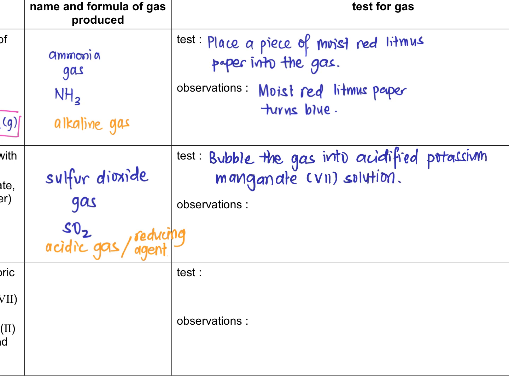What's the color change? Purple to colorless. Okay, so if your sulfur dioxide gas is produced, your purple potassium manganate 7 solution will decolorize.